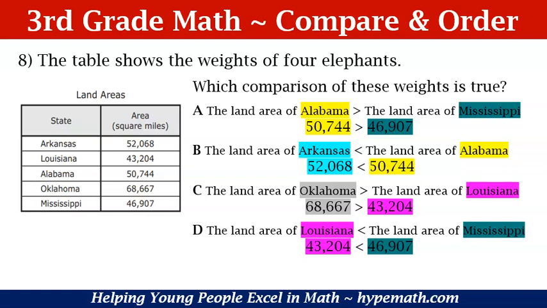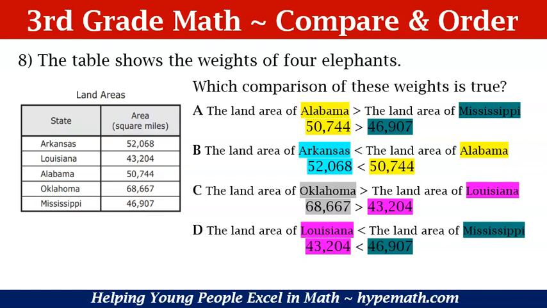Is that greater than 43,204? Is that true? Or is it false? Lastly, is the land area of Louisiana less than the land area of Mississippi? Louisiana is 43,204 and Mississippi is 46,907. So we are looking for the comparison that is not true.